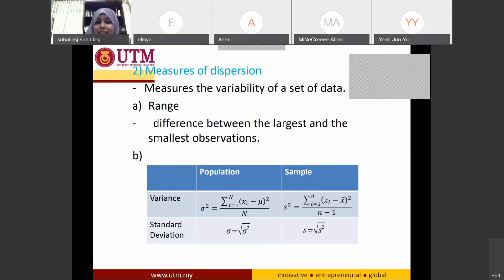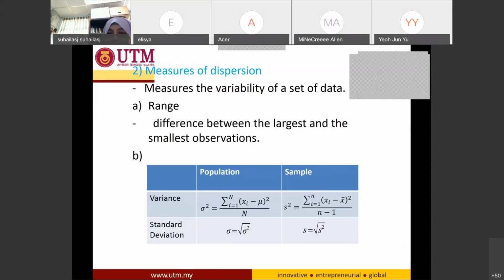Okay, kalau sample standard deviation, you just square root the value. Kita pakai S and also sigma. Sigma for population standard deviation, sample standard deviation is just S. I think during matrix or foundation, you already learned the formulas and how to compute the data set.